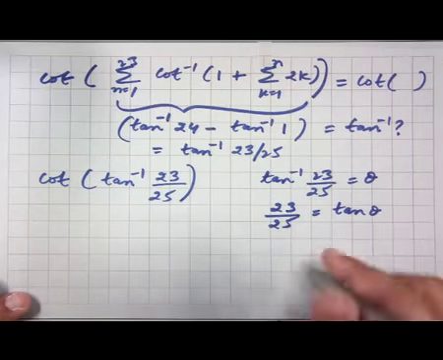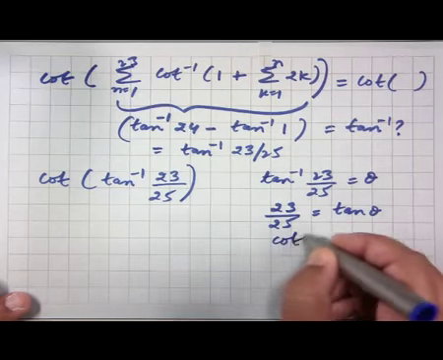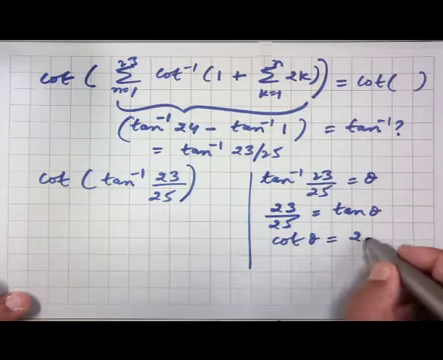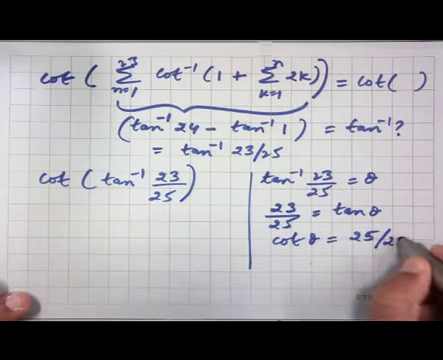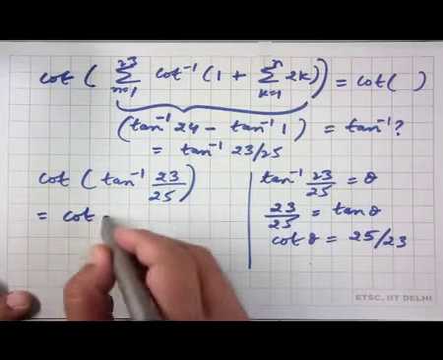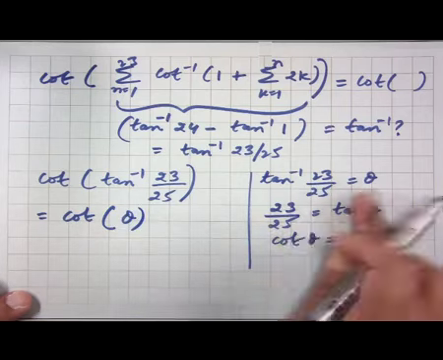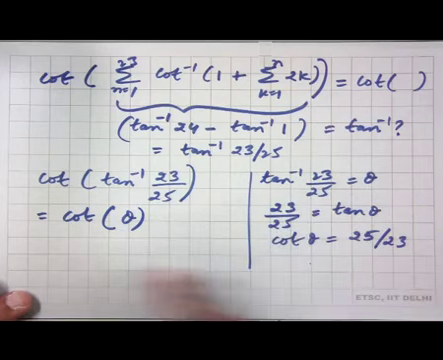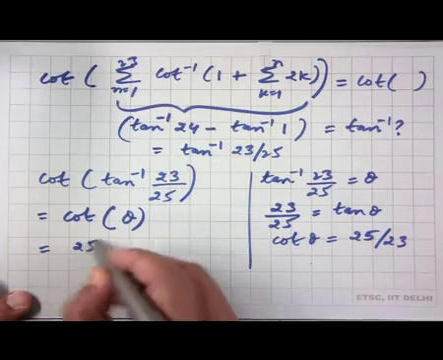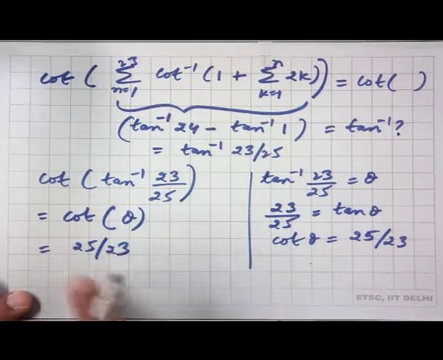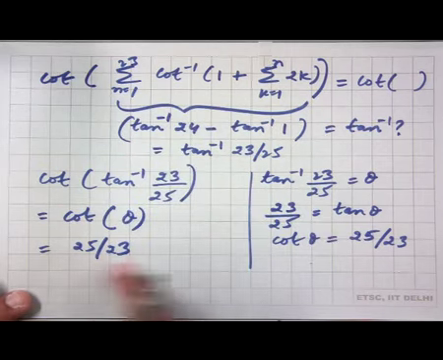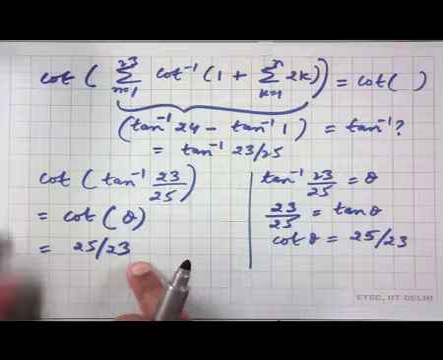But from here it follows that cot of theta is equal to 1 over tan theta, which is 25 over 23. But then this is nothing but cot of theta, because theta is tan inverse 23 by 25, and we have just seen that this is exactly equal to 25 over 23. So, this is the final answer, that cot of this big summation is equal to 25 over 23.